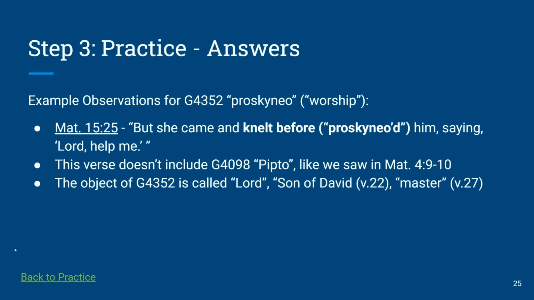And also, one more thing we could say is the object of G4352 is called Lord. We see that here in Matthew 15:25, right? She came and said, "Lord, help me." So the person who is being proskuneoed, if I can use that phraseology, is called Lord, right? Jesus here. The person who is doing the proskuneoing, if I can butcher the Greek word that way, is a Canaanite woman, or sometimes called a Syrophoenician woman.